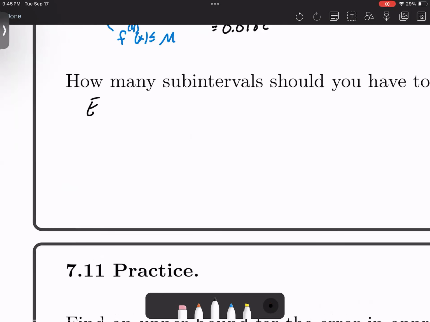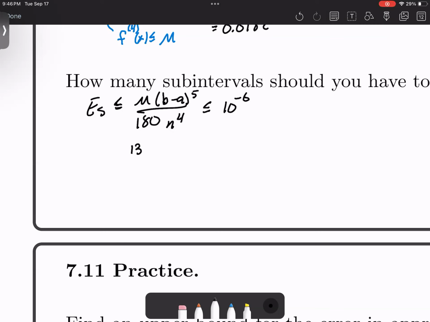So our Simpson's rule error, let's write the upper bound again. M times (b minus a) to the fifth over 180n to the fourth. And we want this error to be at most 10 to the minus 6. So our M is, again, because it's Simpson's rule, an upper bound on the fourth derivative.